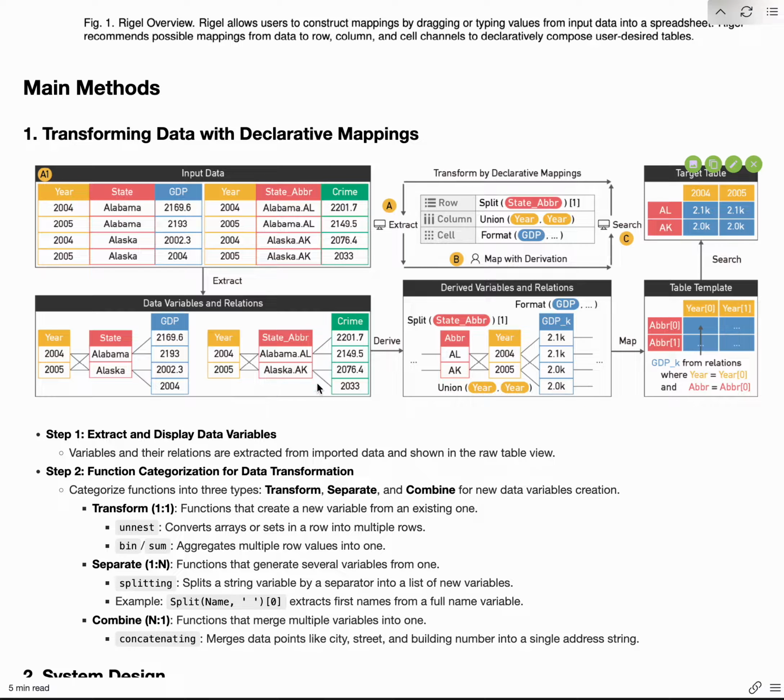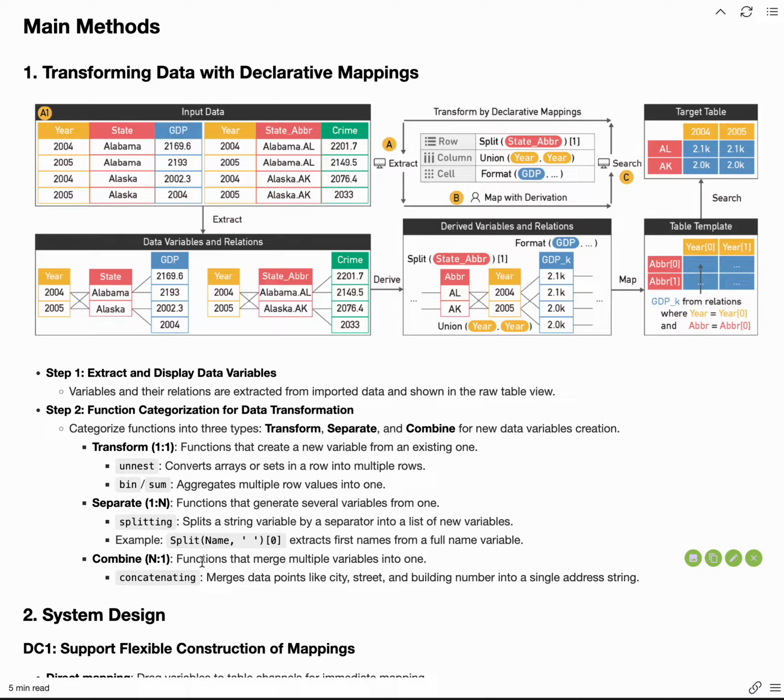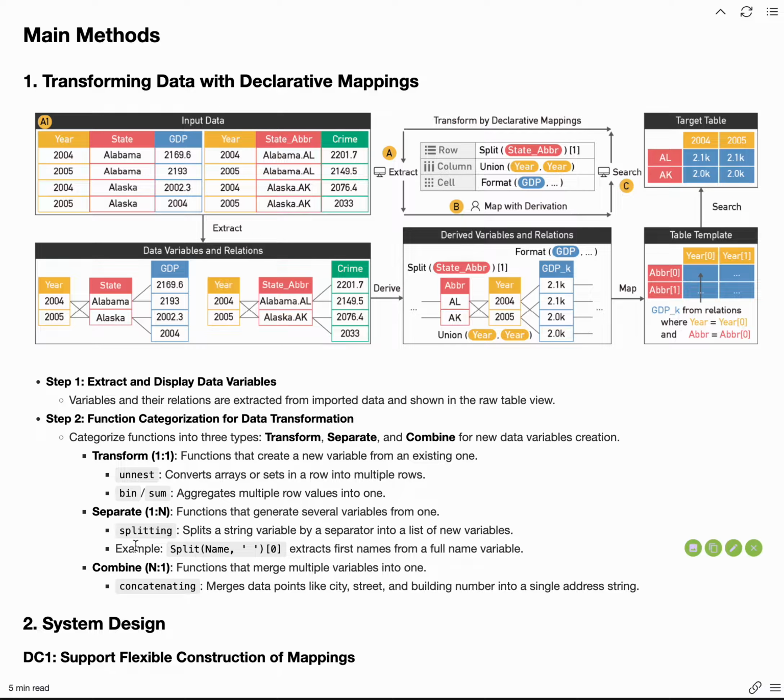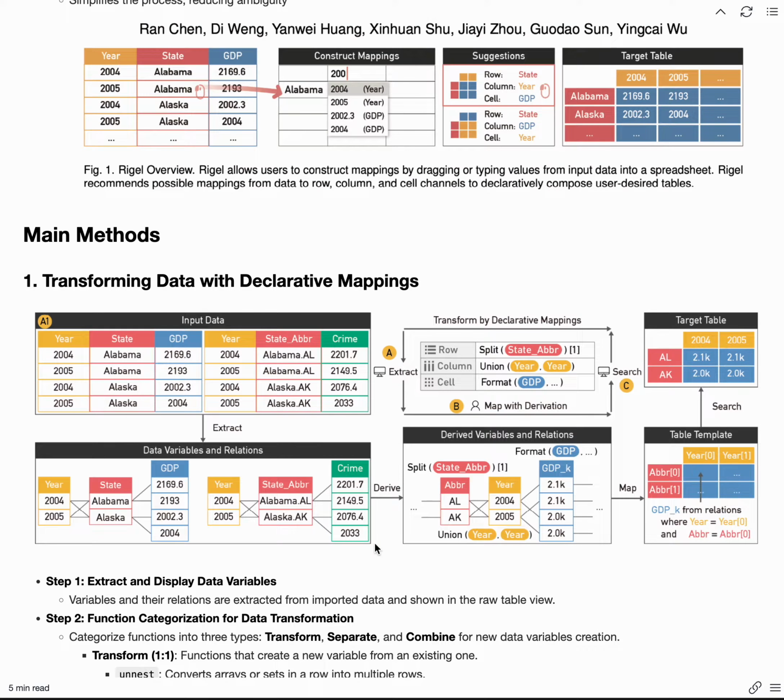So Ringo works by using a bunch of tools that fall into three buckets: transform, separate, and combine. Transform tools change one thing into another. Separate tools break one thing into many. And combine tools put things together. For instance, the split function in separate tools can split a string variable by a separator into a list of new variables.